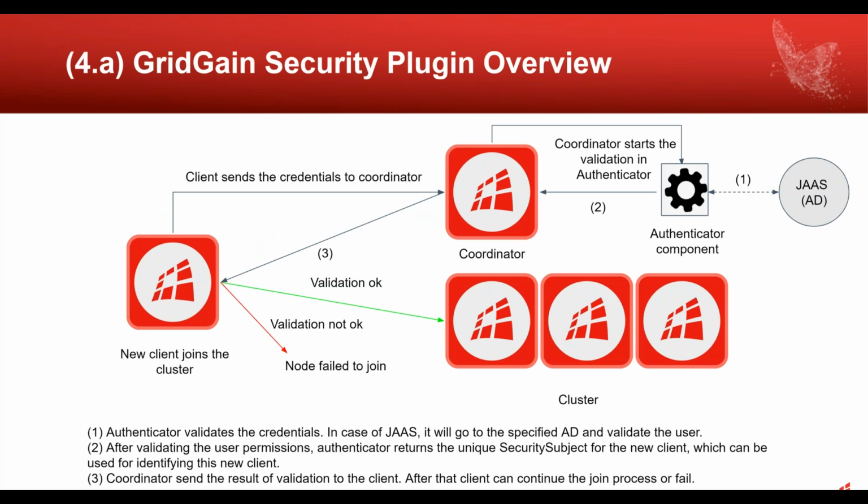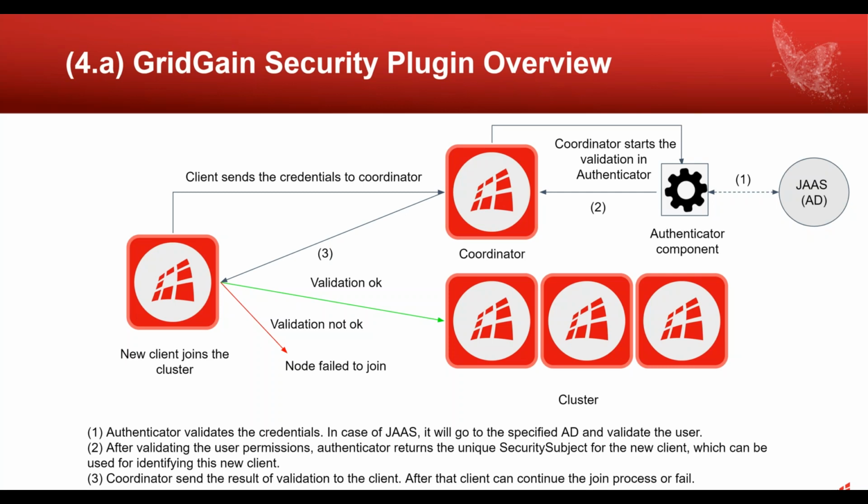On the current slide, you can see how security plugin authentication works. We have a cluster, and we have a coordinator within this cluster. Every validation will be done there in a special authenticator component. When your client tries to join the cluster, it will send its credentials to the coordinator. The coordinator will start a validation in the authenticator component, so it will check the username and password.